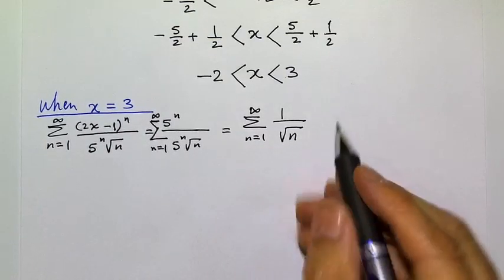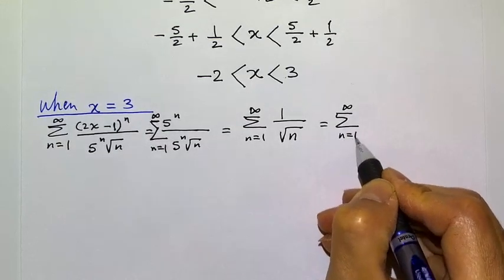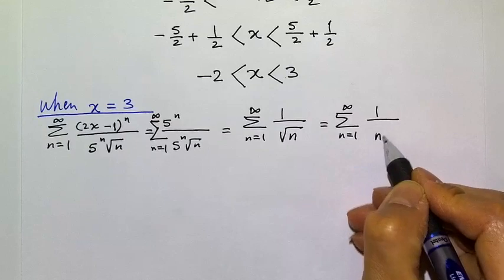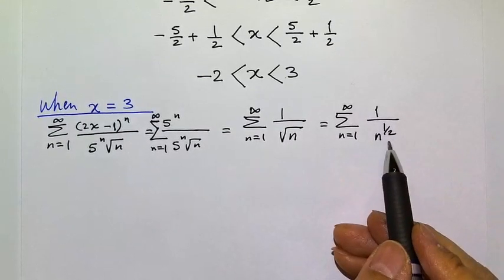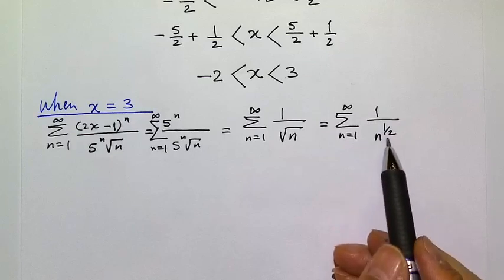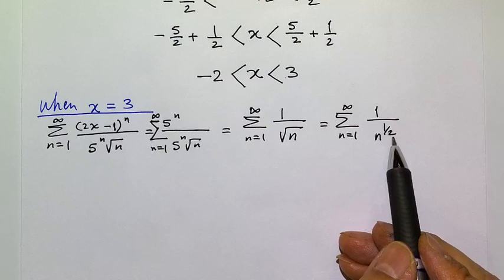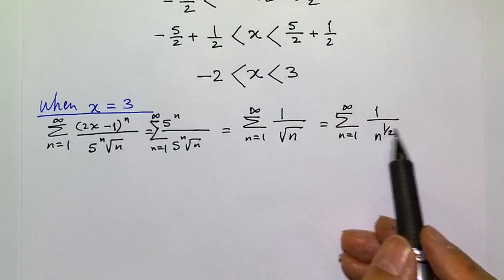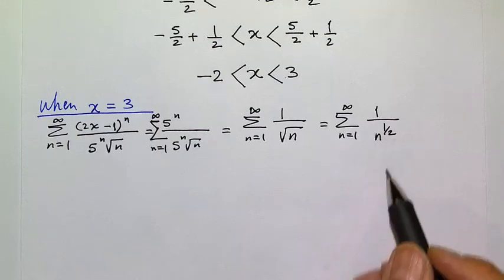So this is a p-series, right? Let me rewrite it like this, with rational exponents. This is 1 over n to the 1/2 power. This is a p-series with a power p that is less than or equal to 1, so it's going to be a divergent p-series.